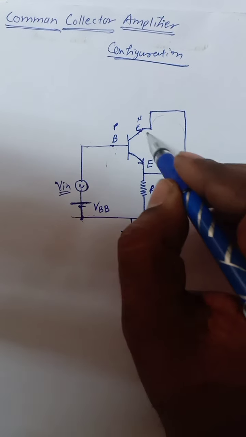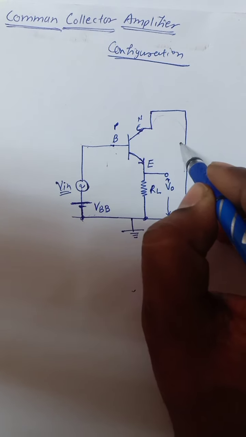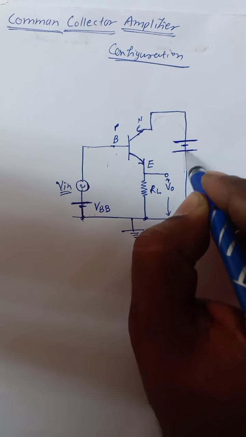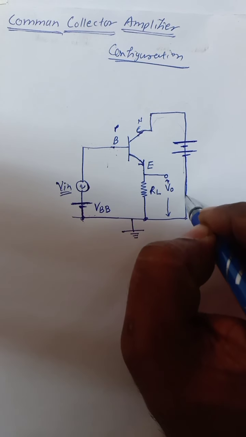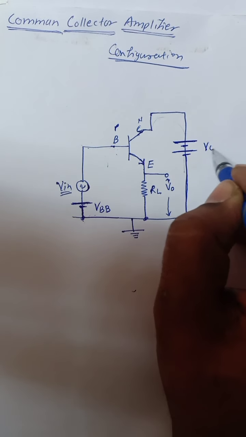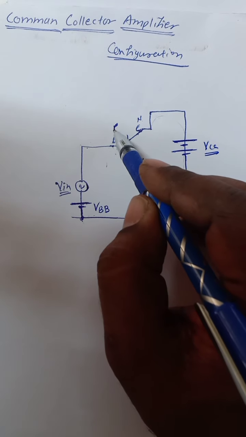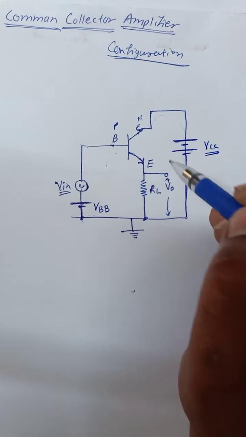So to reverse bias this base to collector junction, you have to apply a higher voltage source at this position. You have to keep that in mind.